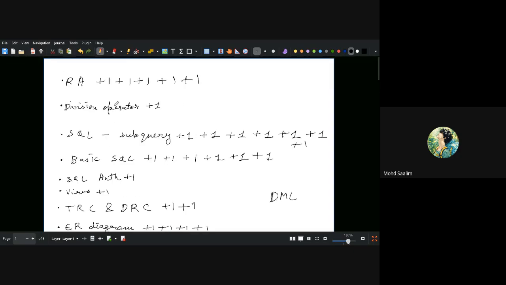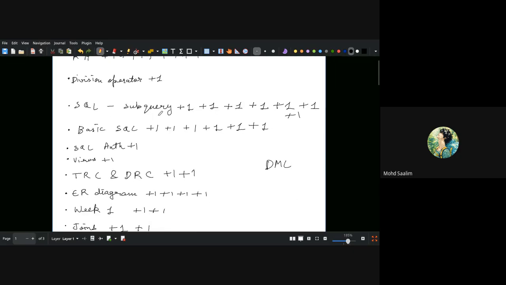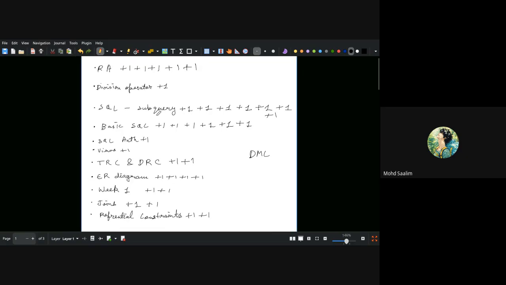So you can see the most asked topic is basic SQL. I added the plus here. Basic SQL and advanced SQL, and not even the type of roles, privileges, and these type of things. I'm just talking about subqueries.